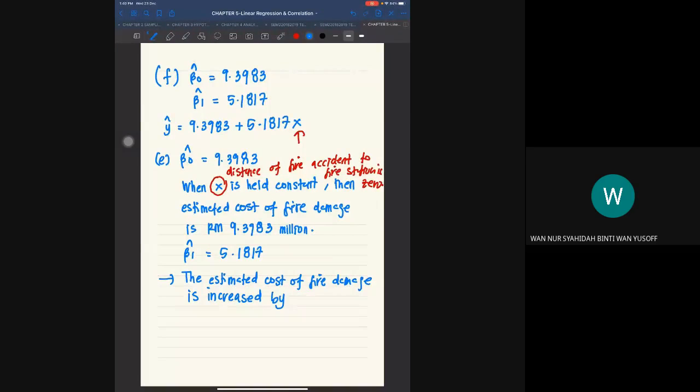So we have to state the unit of y, by RM 51 million for every x change. For every, do we have a unit for the x?